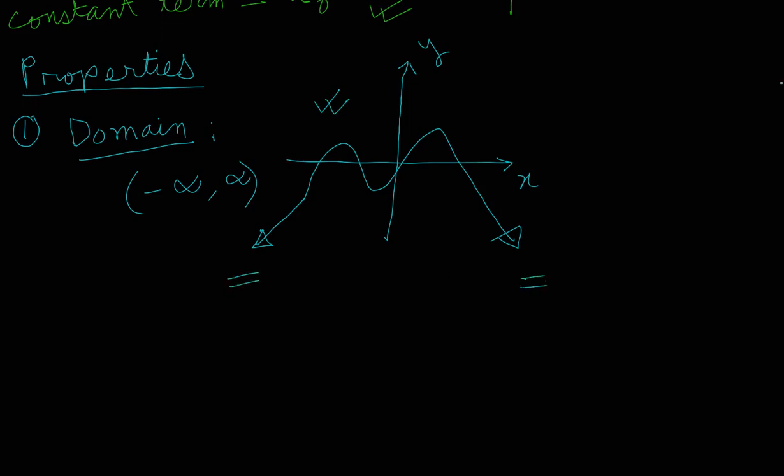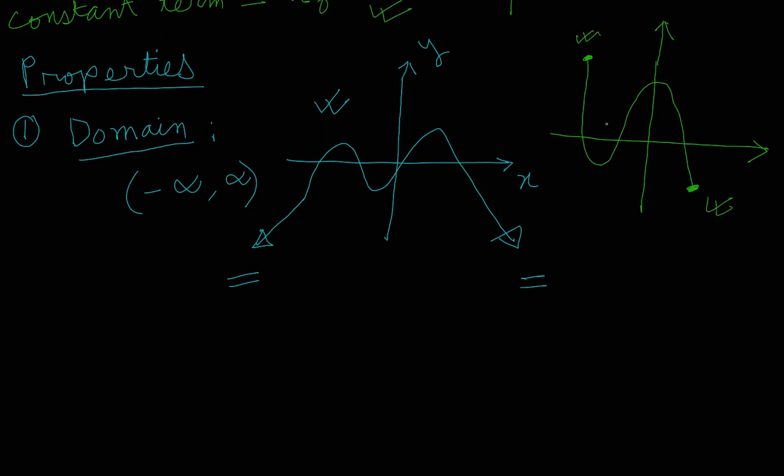Now let us look at another function. Let's say I have a function starting from here and ending there. So you see my function has a starting point and an ending point.